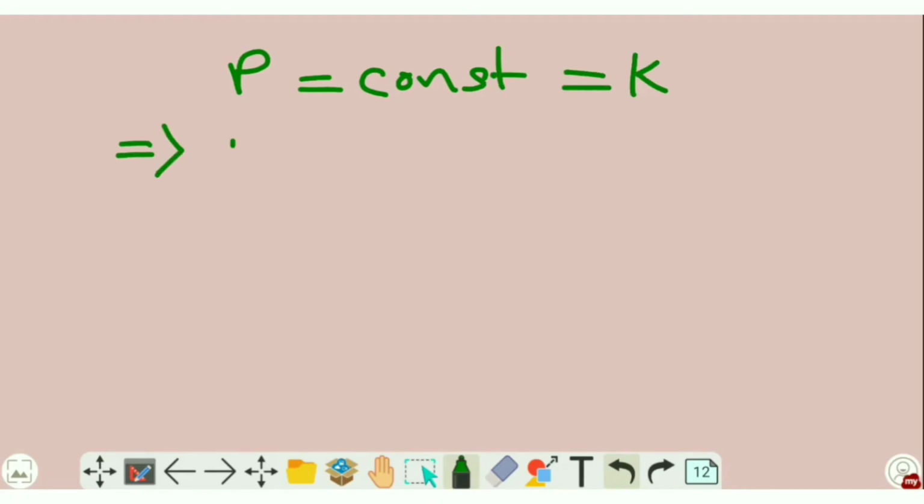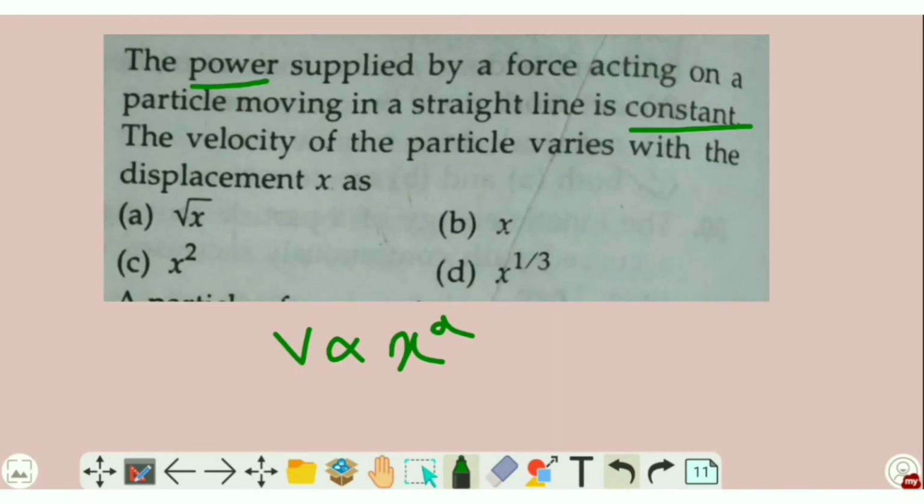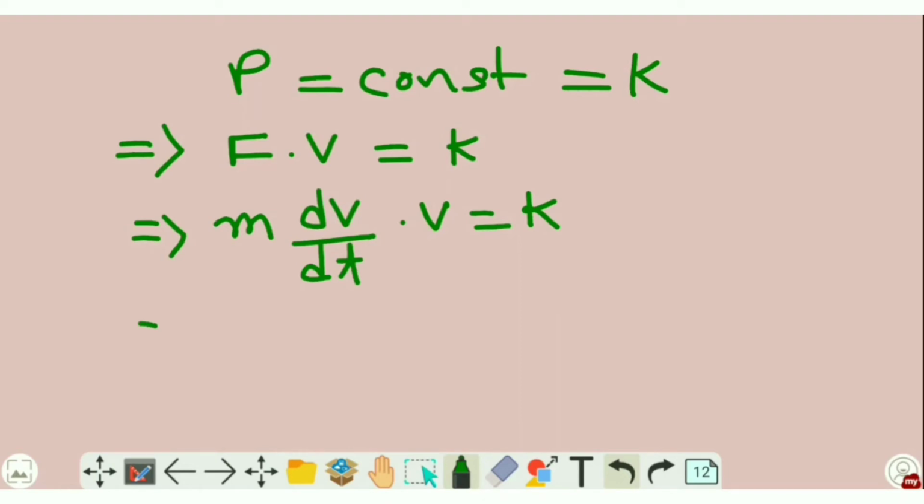So force into velocity is equal to k, or, force is equal to m dv by dt, into v is equal to k. Now see, we have to find out the relation between v and x, so we have to eliminate dt. So let's eliminate that.